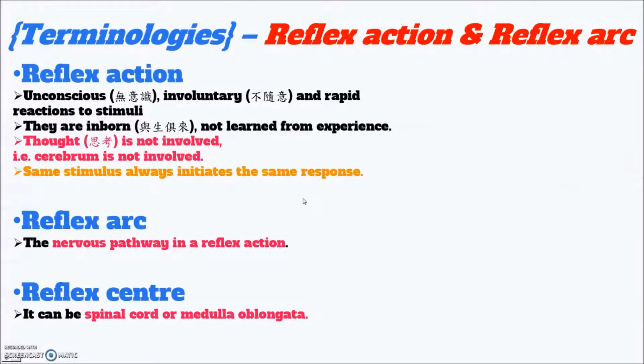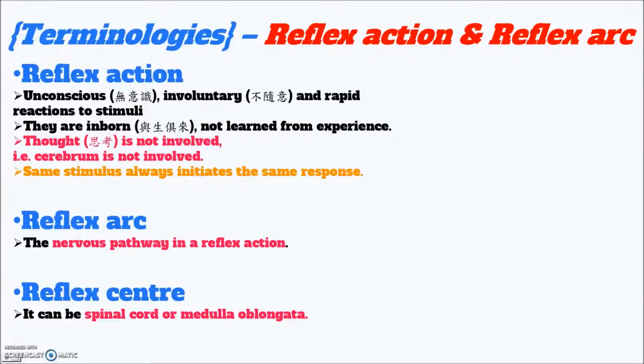And also for the reflex action and reflex arc. In the lesson we have already talked about the unconscious, involuntary and rapid reaction or response that protects our body. Apart from this, I would like to mention why the reflex action is so fast, so rapid: because the cerebrum is not involved, and that's also why the same stimulus always initiates the same response. For example, if we accidentally touch a pin or a hot object, we initiate the withdrawal reflex.